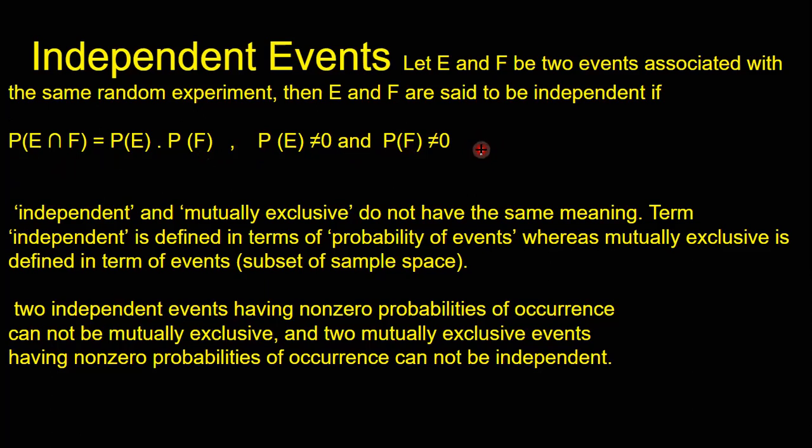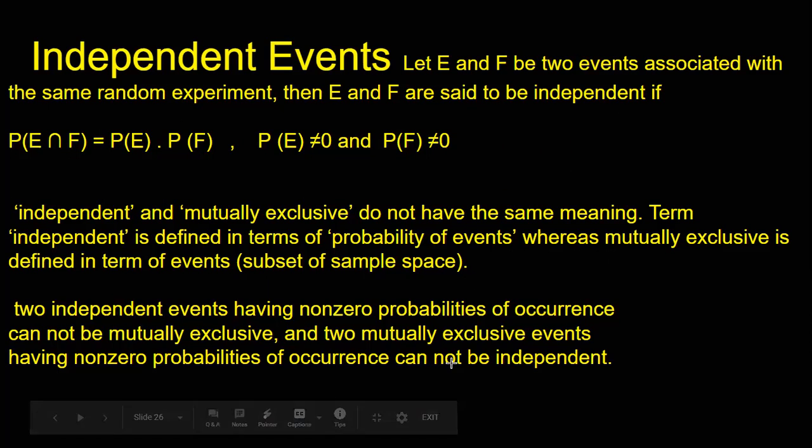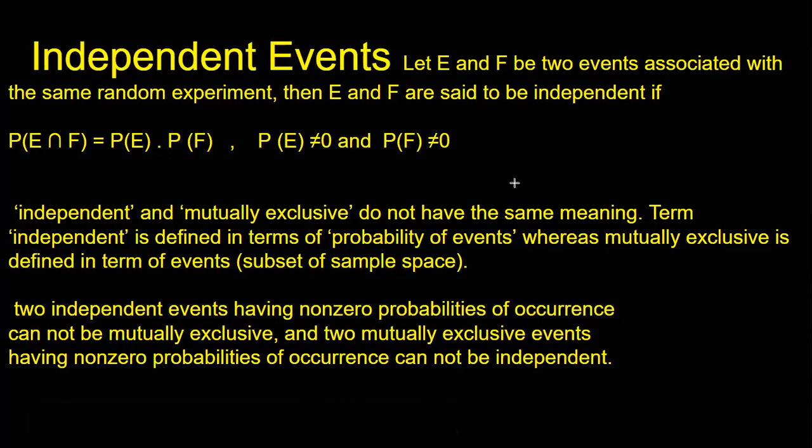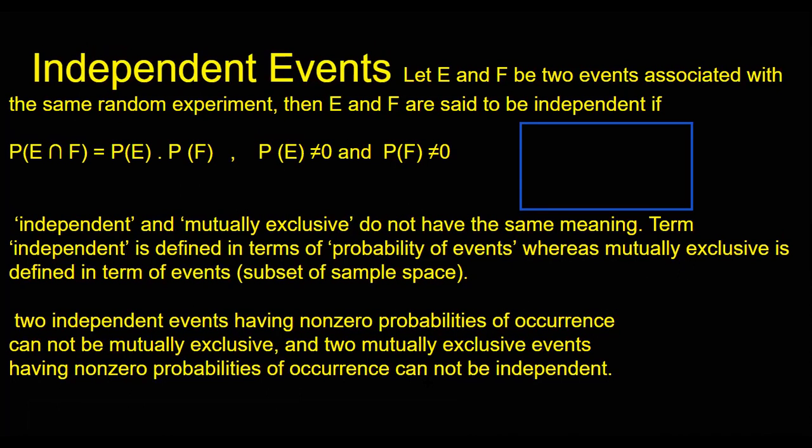Now, independent and mutually exclusive, these two terms sometimes we confuse. They do not have the same meaning. When we say independent, it is in terms of probability of events. And mutually exclusive, as we have learned in set theory, means nothing should be common between the two.